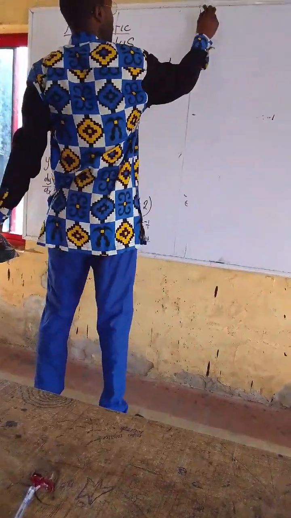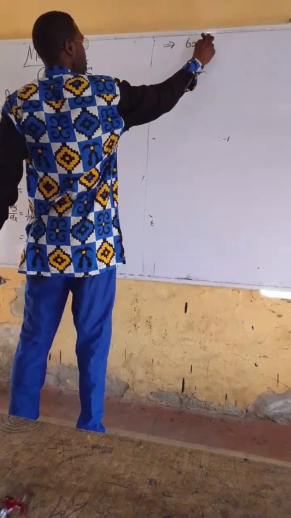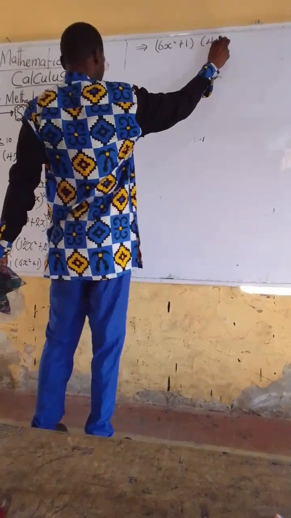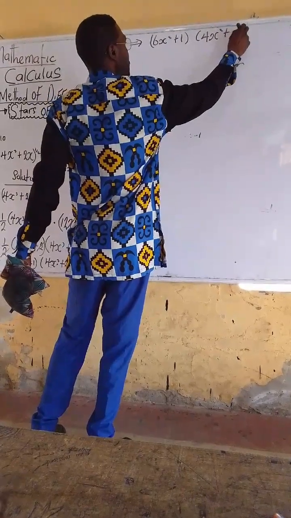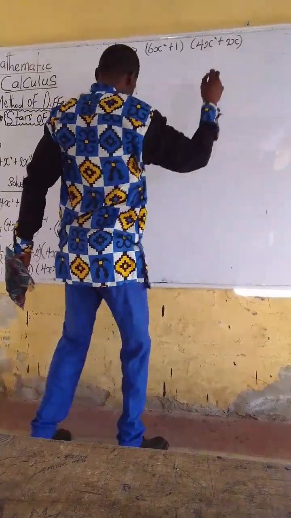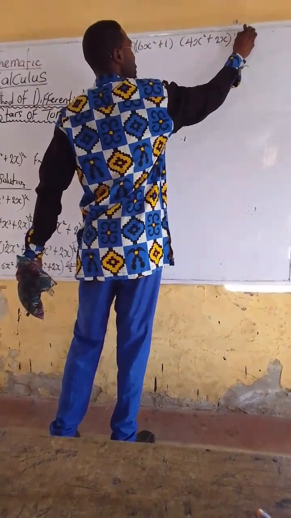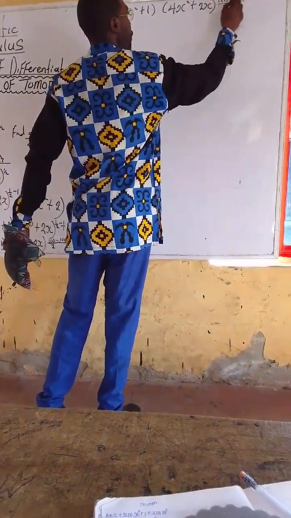Yes. Now I will write the question. We now have 6x squared plus 1, then we have 4x squared plus 2x bracket. Then we have, let me write that question back. 1 bracket 1, 1 bracket 1 bracket 2 over 2.